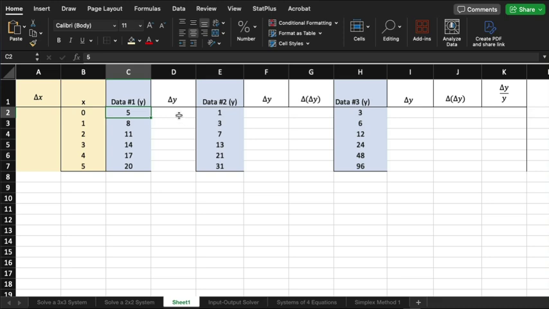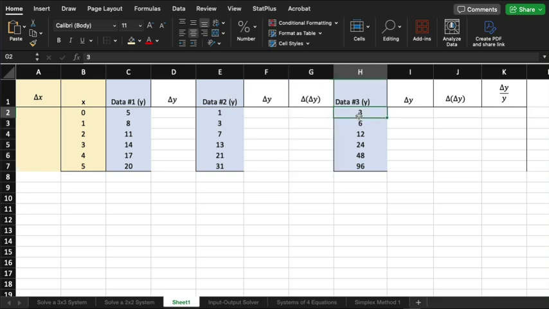Then I want you to skip a column. Column D is going to be for our delta y's. In column E, we're going to put our data set number 2. So these are our y values that came with the second data set. And we'll see in a moment, but we're going to need to calculate our delta y's and then our second delta y's for that one.